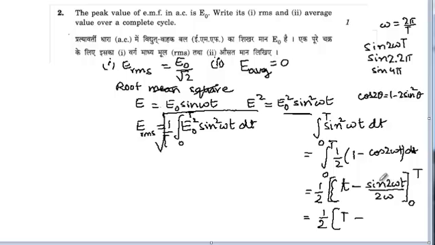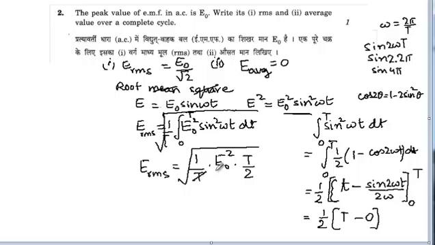So this part will give you 0. So all that you're left with is T by 2. Now coming back to this, E RMS is equal to, we have 1 over T, E naught square is a constant, and this integration gives us T by 2, and then you have to take the root of this. So this gives us E naught by root 2.